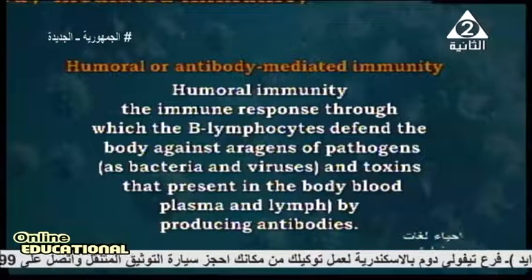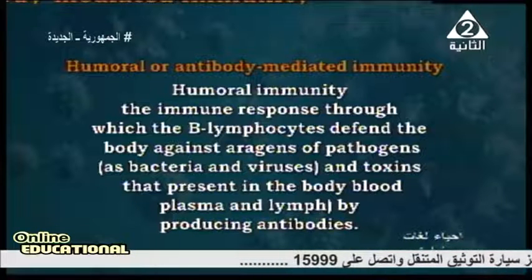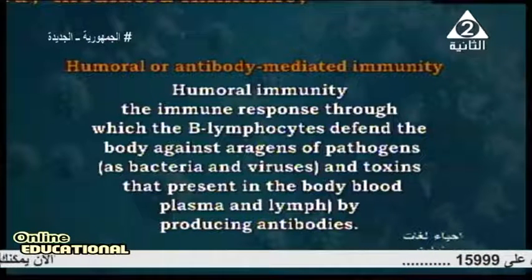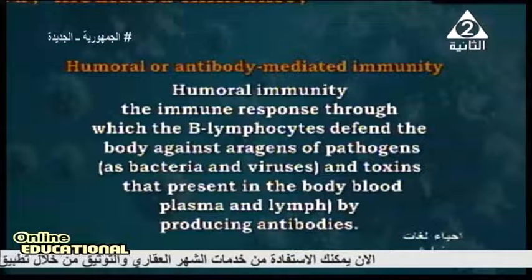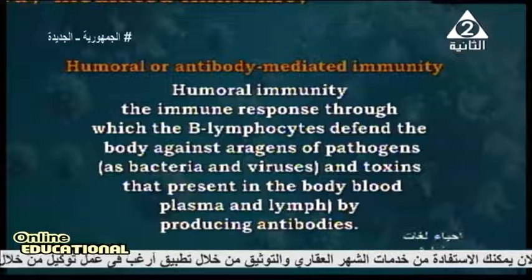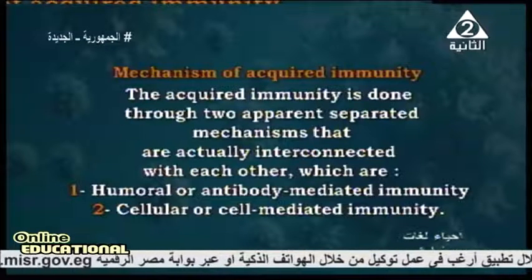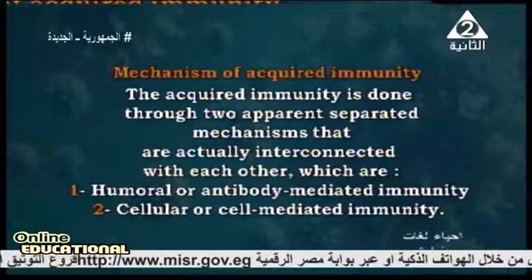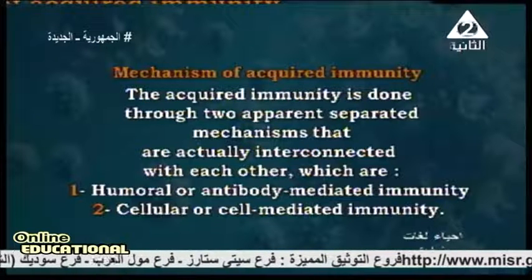If this cell fails to overcome the bacteria, viruses and toxin substance, what happens? The lymphocytes or the lymph produce another type of antibodies which make removal of this toxin substance.